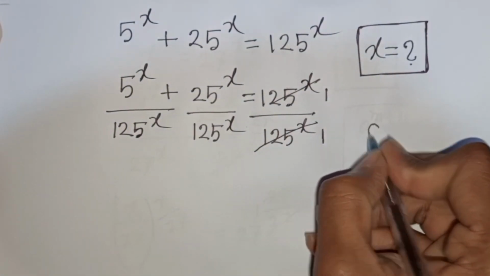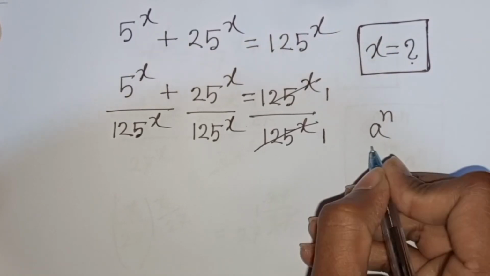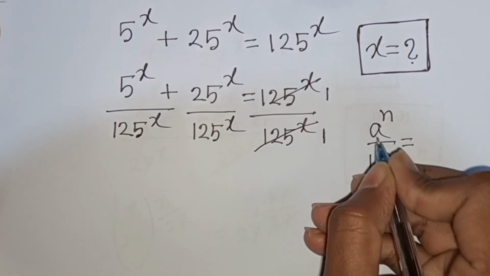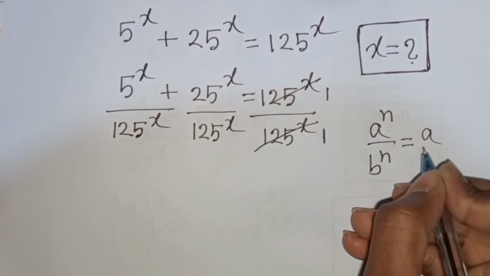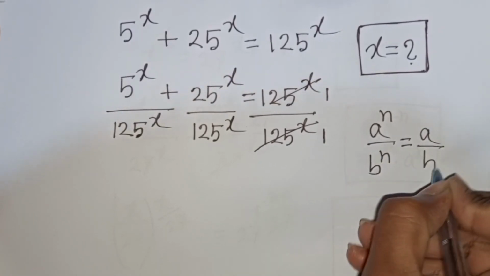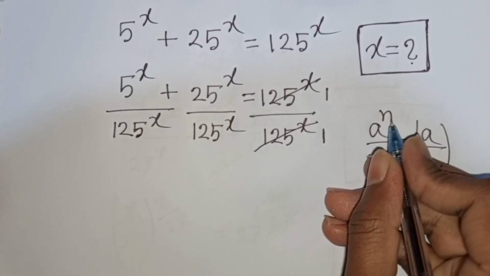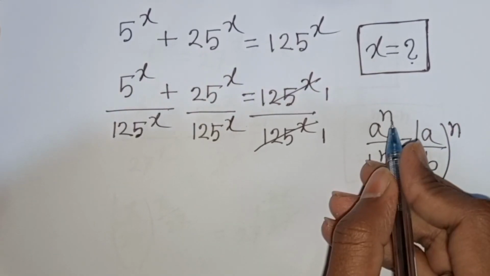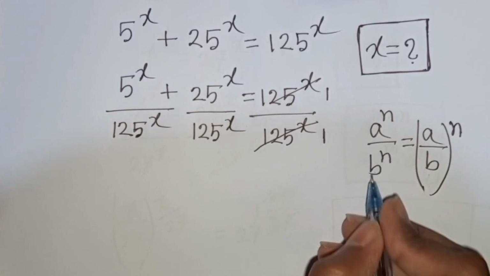So remember this formula: a power n over b power n is equal to a over b, then bracket common power n. That means n same power but different base.